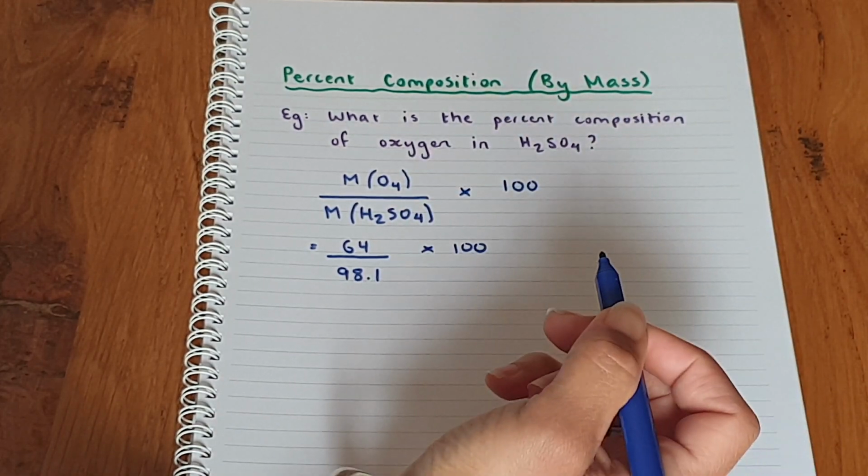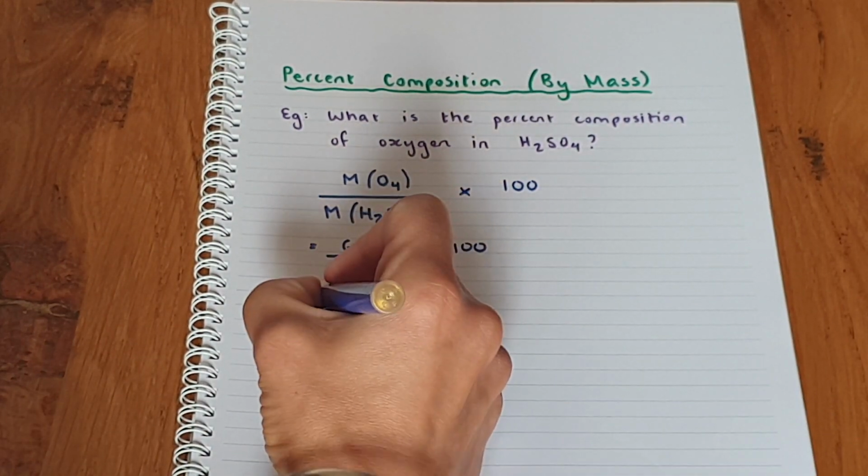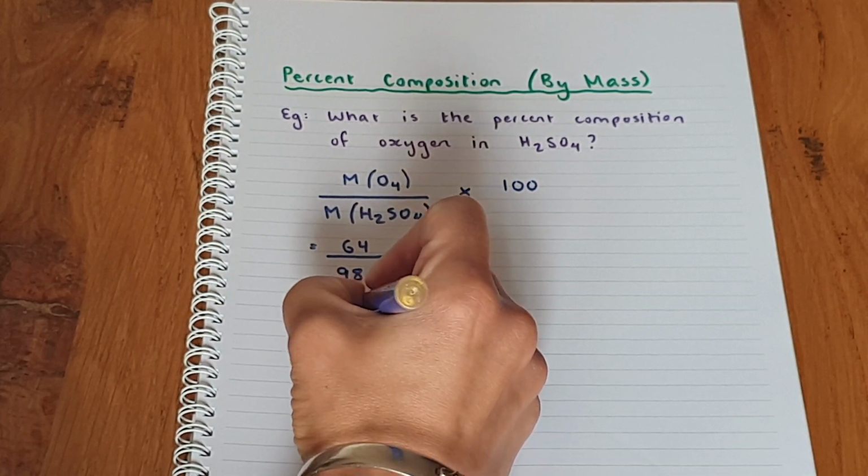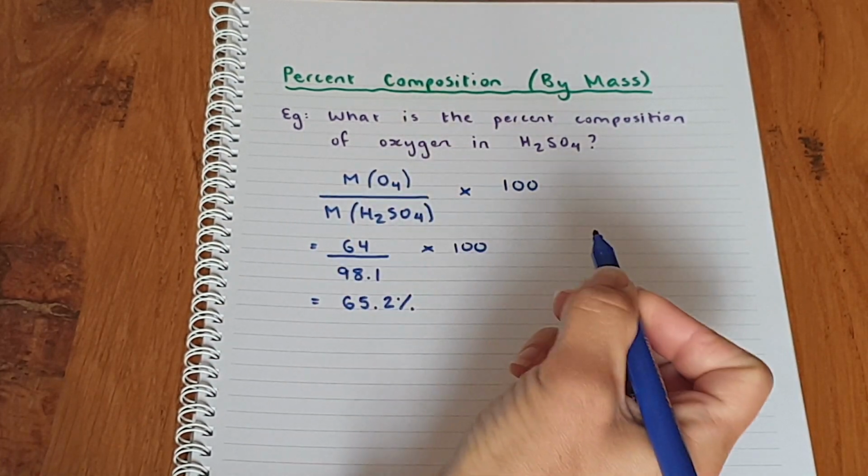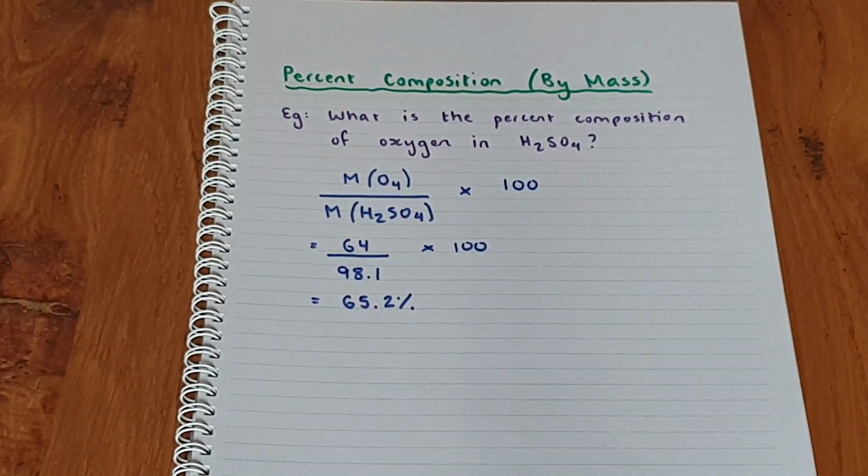We just put it into the calculator. So 65.2% of the entire molecule is made up of oxygen by mass. Hope that helps.